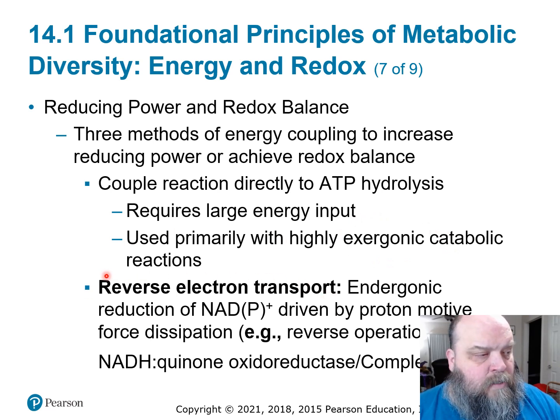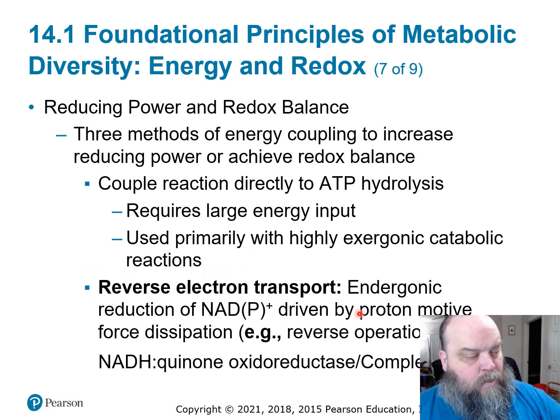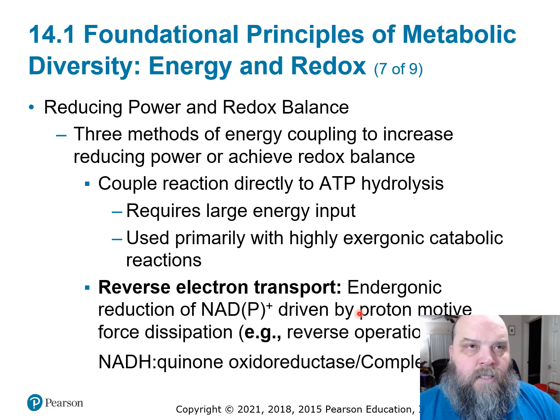We've also seen that there are alternate mechanisms for doing things. Reverse electron transport. Up till now, I keep saying the energy from an electron is bled off by a series of proteins, the cytochrome complexes, that as it's bleeding off the energy will then use that to move hydrogens across, and the flowing of hydrogens. Well, it turns out there's other ways. You can reduce NAD or NADP by the use of a proton motive force.